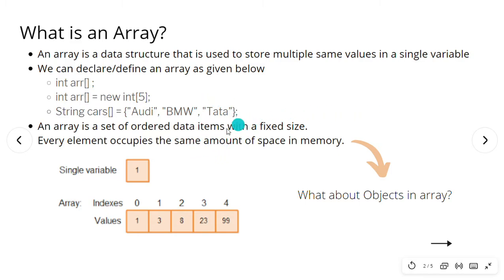So in case of objects, it will just store a reference to the objects, not the values of the objects. Values are stored in a different memory location, whereas references are stored in the array. This is the difference between primitives and objects: primitives store the values, but objects store the reference.